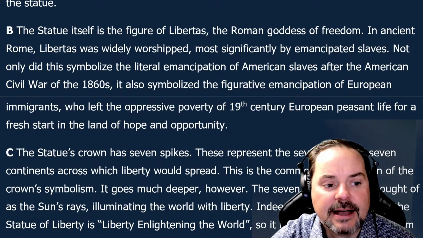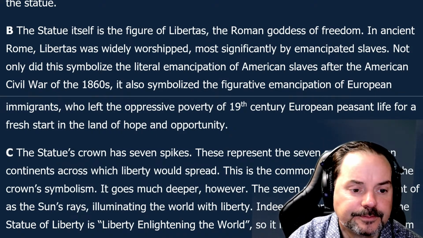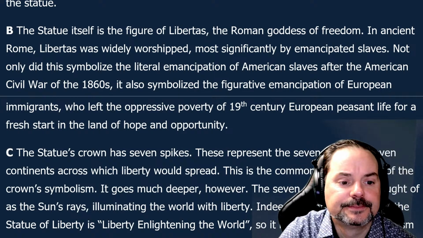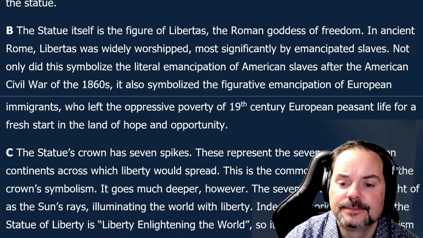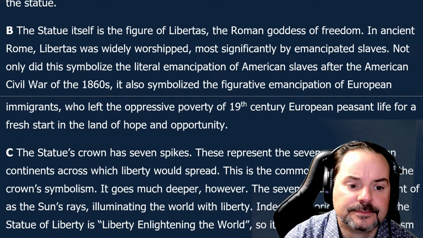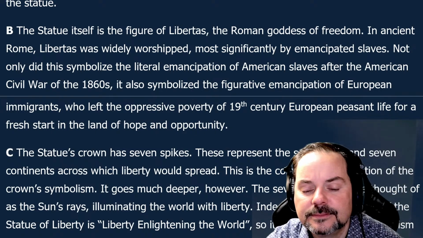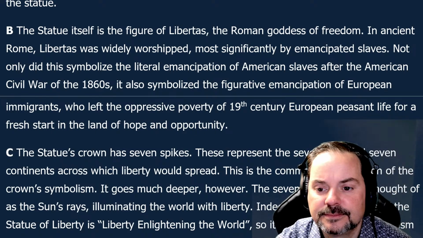Okay, go ahead and read that for me, Anahita. The statue itself is the figure of Libertas, the Roman goddess of freedom. In ancient Rome, Libertas was widely worshipped, most significantly by emancipated slaves.